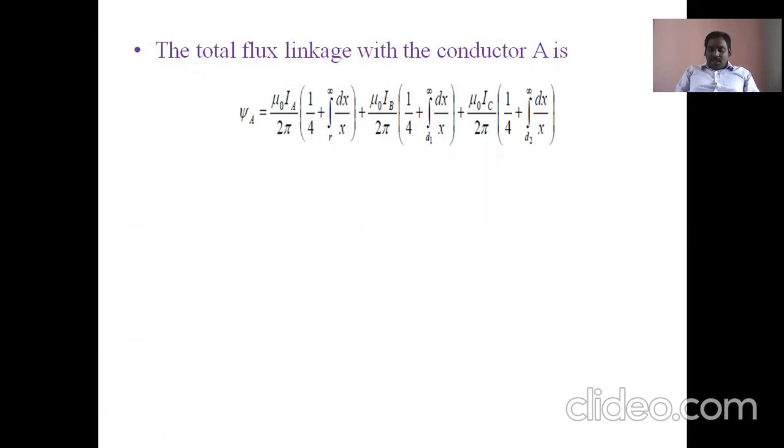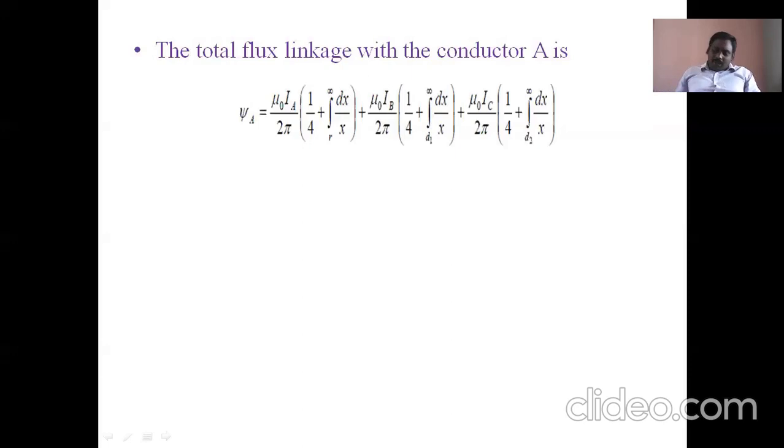That means psi A is equal to mu naught Ia by 2 pi, times 1 by 4 plus the integral from r to infinity of dx by x, plus mu naught Ib by 2 pi, times 1 by 4 plus the integral from d1 to infinity of dx by x, plus mu naught Ic by 2 pi, times 1 by 4 plus the integral from d2 to infinity of dx by x.